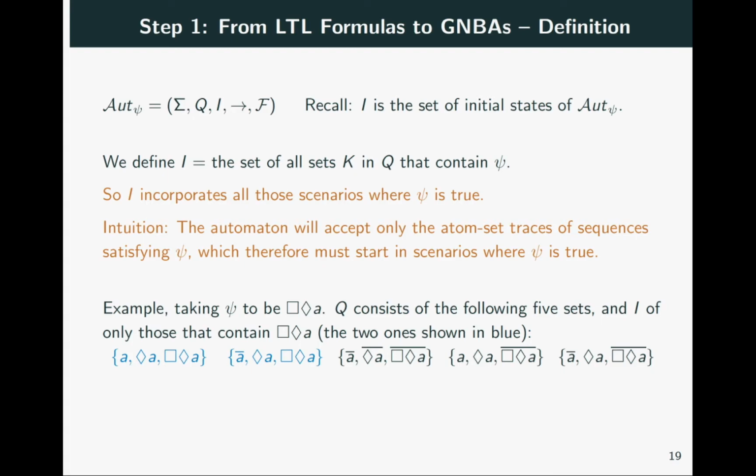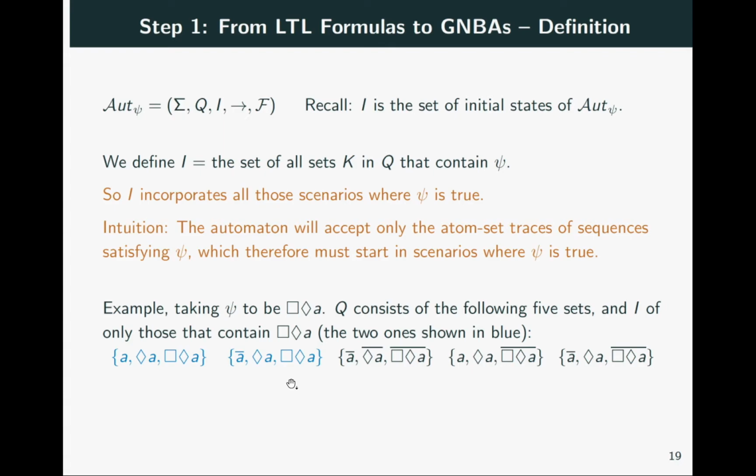Here's an example taking the formula psi to be always eventually A. The set Q contains 5 states, and the set I contains only 2 of these, which have the formula psi in them, the ones shown in blue.